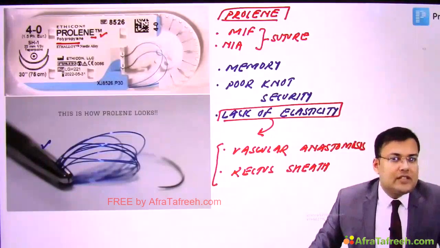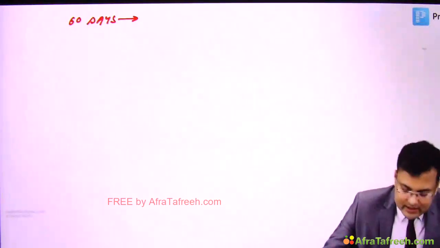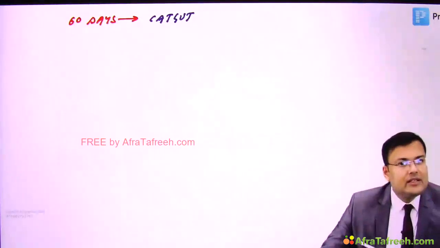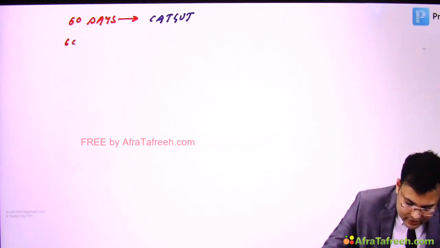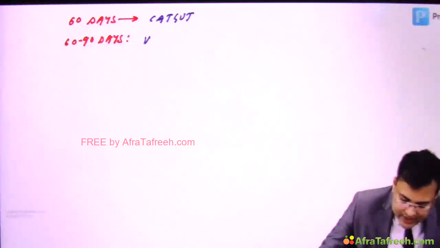So see the questions. First, sutures which are absorbed in 60 days. We discussed which suture is absorbed in 60 days. Yes, it's the catgut. Second is 60 to 90 days. The sutures which are absorbed in 60 to 90 days, and the mnemonic is VCD.